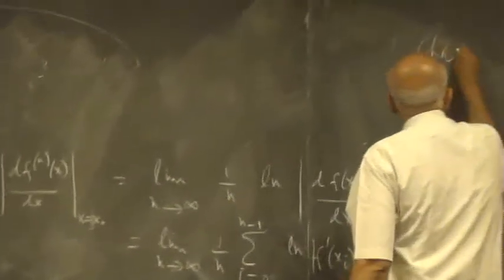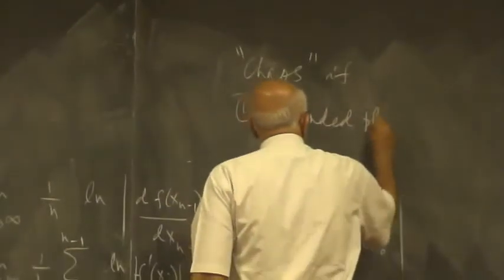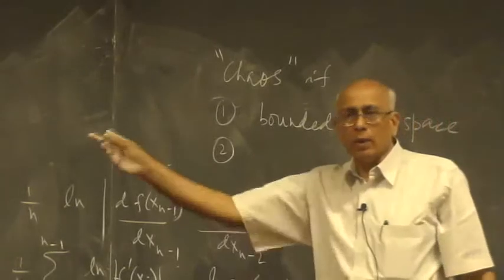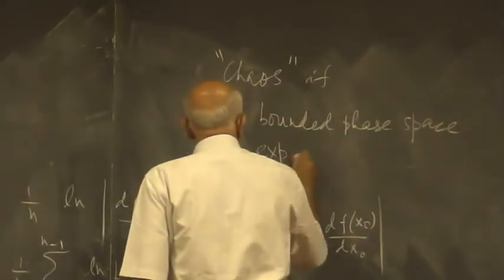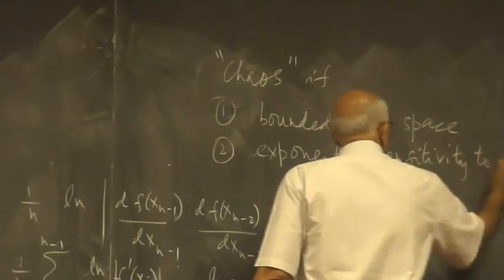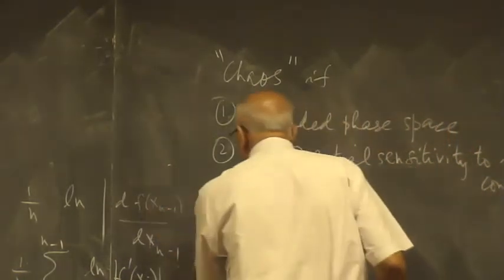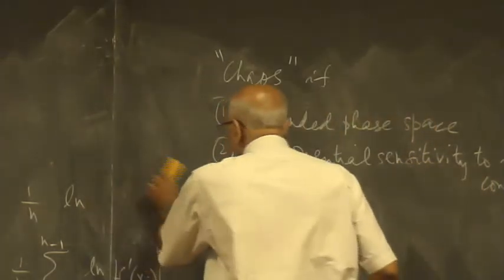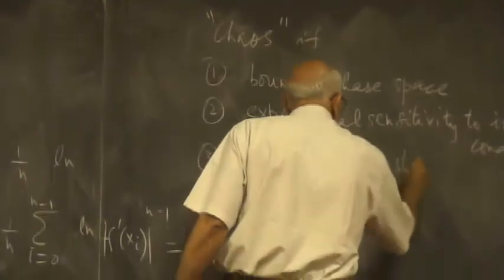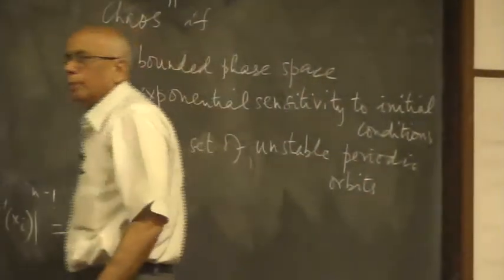Chaos if, 1, you have bounded phase space; 2, exponential sensitivity to initial conditions in at least one direction in phase space; and 3, no one has proved this, but it's believed to be true because no exceptions have been found: a dense set of unstable periodic orbits.